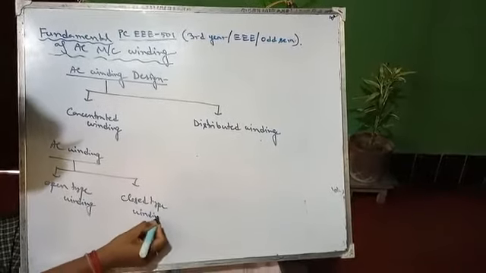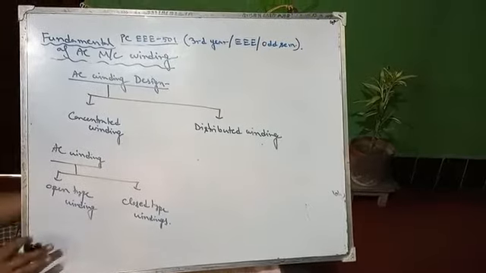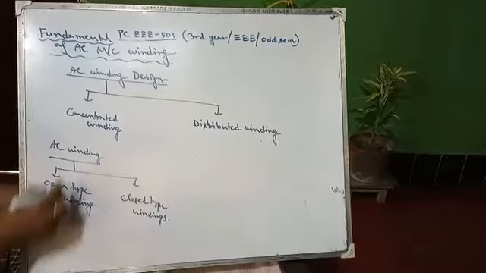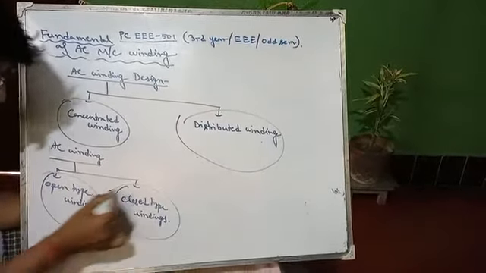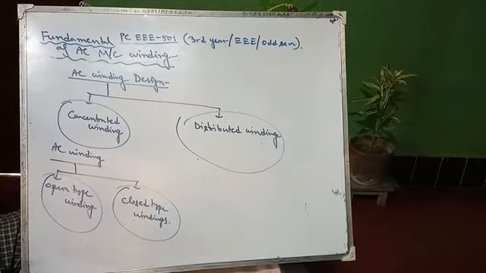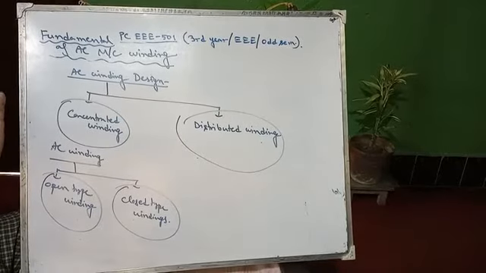Just write the classifications first. Next day I will discuss in detail every classification with some examples. So these concentrated, distributed, open type and closed type are four different classifications of windings, and after that we will understand the concept step by step.